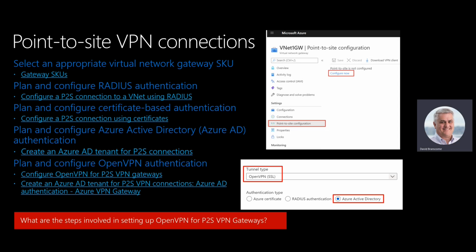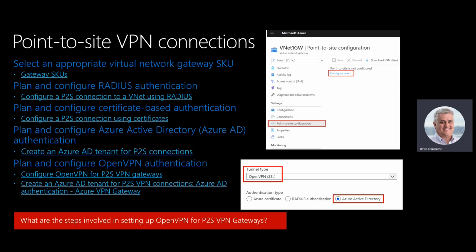Point-to-site VPNs can use one of the following types of protocols. The first one is OpenVPN protocol, which supports connections from Android, iOS, Windows, Linux, and Mac devices. This is probably the most flexible of the VPN protocols. You can also use Secure Socket Tunneling Protocol, SSTP.